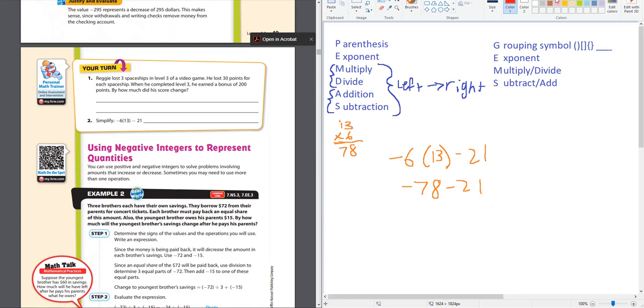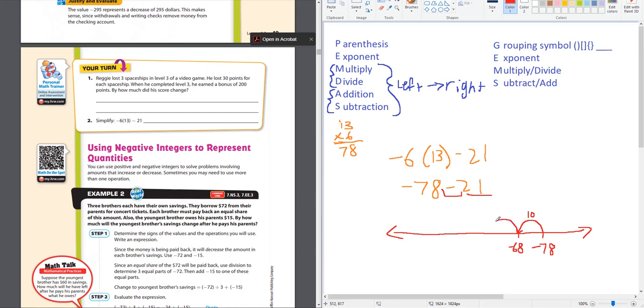So let's work it out. I start at negative 78. I'm minusing a positive number. So I'm going to the left 21 times. Again, I don't really want to do 21, so I'm going to go by 10s. So negative 78, I'm going to move to the left 10 times. So now I'm at negative 68.